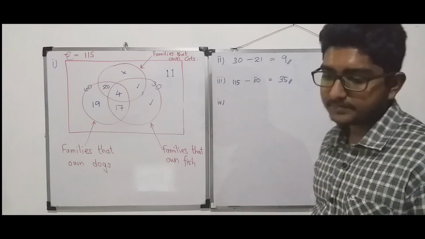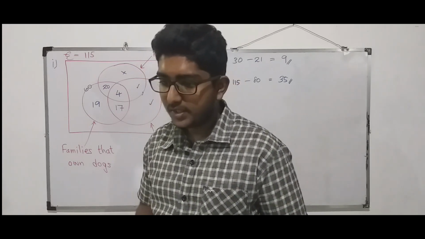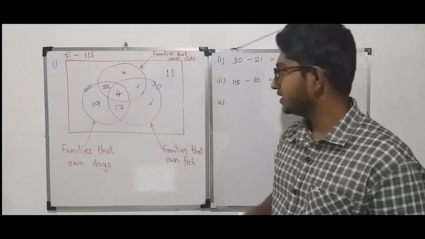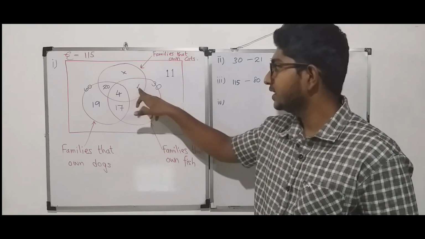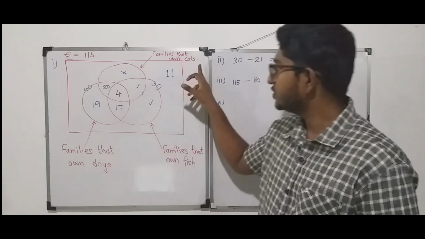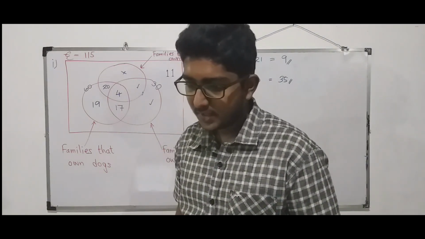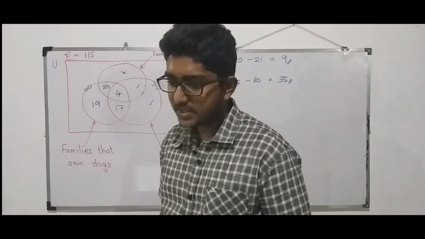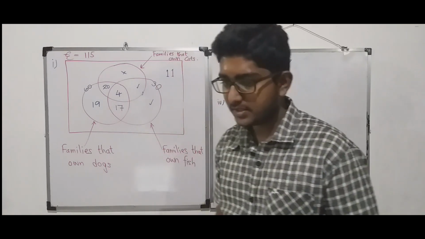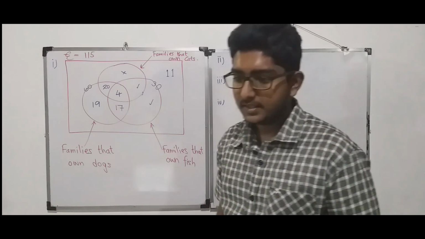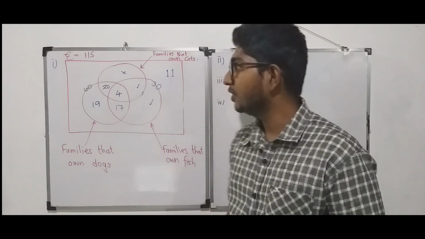Last question. The number of families that own only fish is this region. This region doesn't belong to either of these two circles. That value is twice the number of families that own cats and fish but not dogs. I repeat, cats and fish but not dogs.